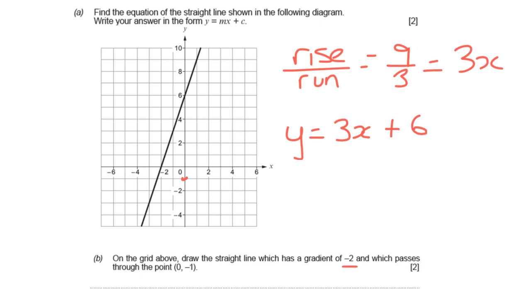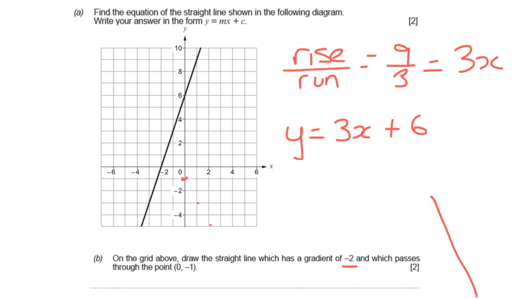Now the gradient of minus 2 means it will be a negative gradient, so it will be going in this direction. What the minus 2 means is that for every square we go across, we will then go down 2. So from this point, if I go right 1, I'll then go down 2. If I go right 1, I'll then go down 2.